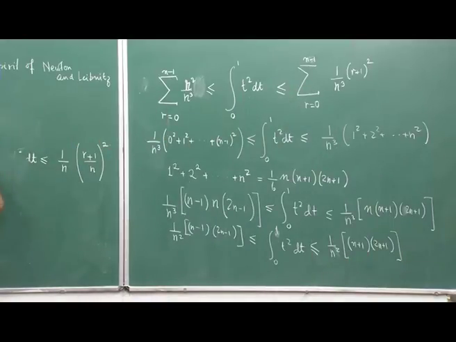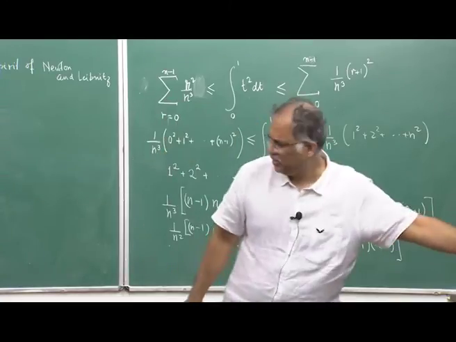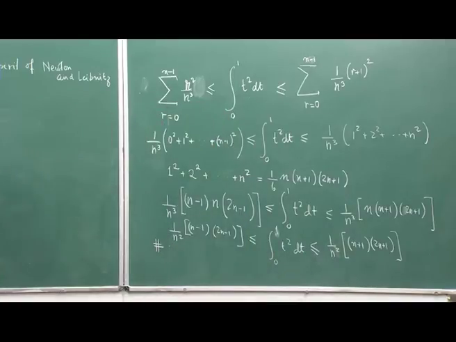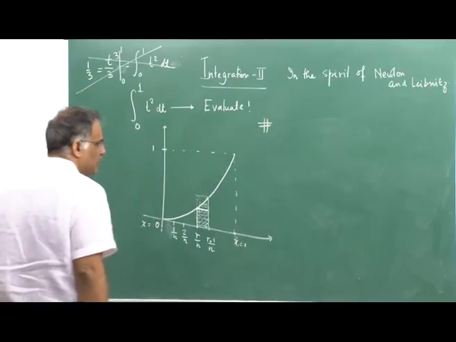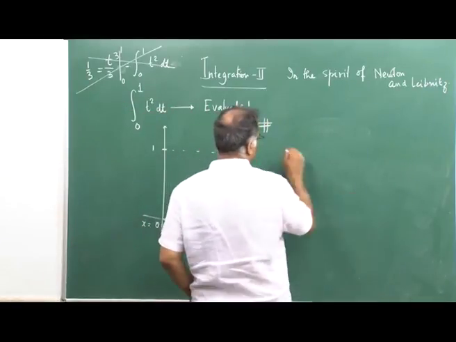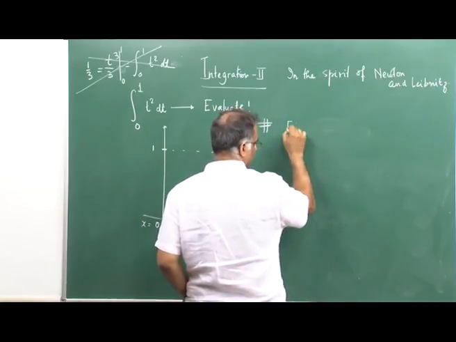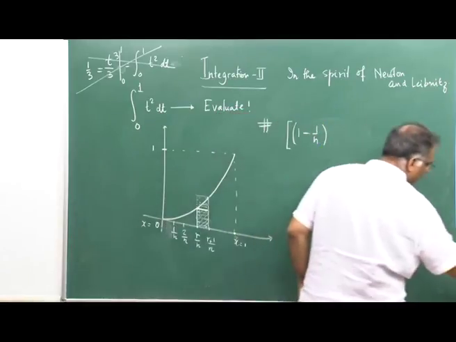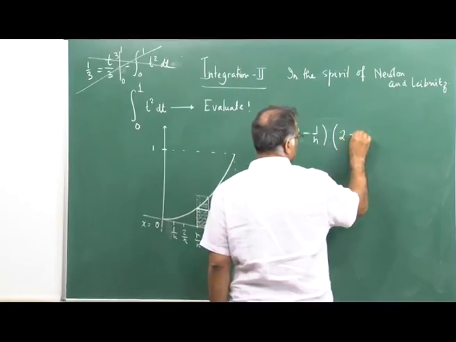So now here we are coming again from here. So from here, if I just give a hashtag, this language is understood by everyone, hashtag. So here I will have, if I divide by n, 1 minus 1 by n, and this part, and 2 minus 1 by n.